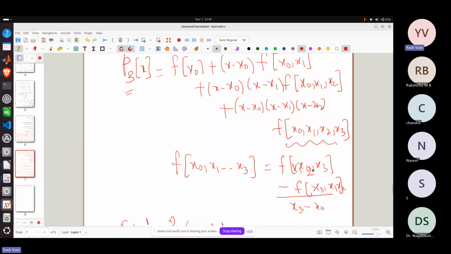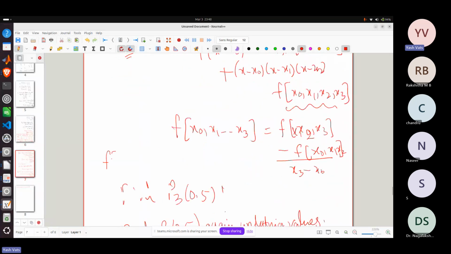So just calculate f[x1, x2, x3]. In this case, f[x1, x2, x3] is f[x2, x3] minus f[x1, x2] divided by x3 minus x1.